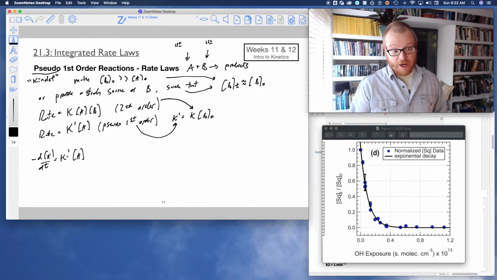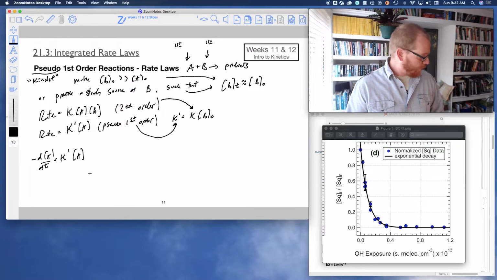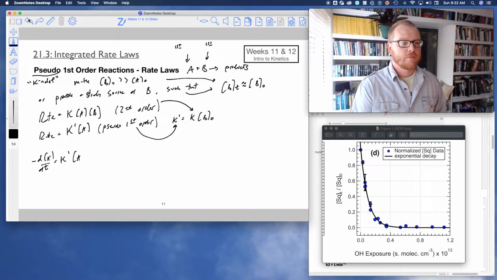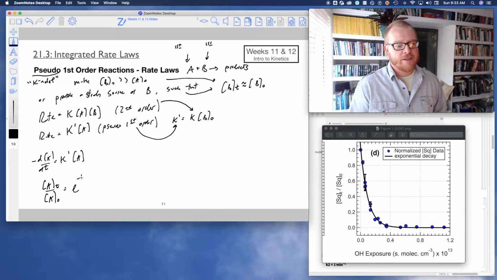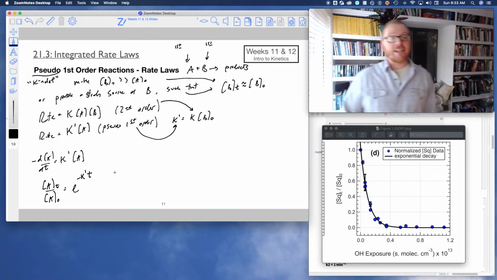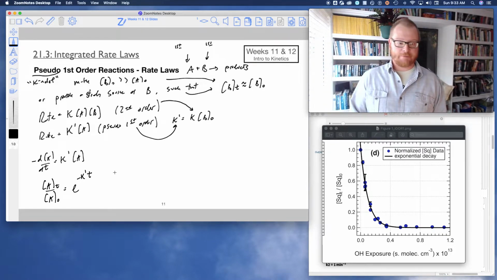So for example, when I go to solve this, I would come up with, let me make some more room. Oops. So I'll write this under here. So I can say I'm going to put this in relative units. A of time t over A0 equals now e to the negative k prime t. Okay? And so that would give us a nice exponential first order decay.